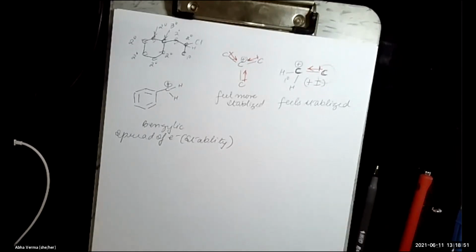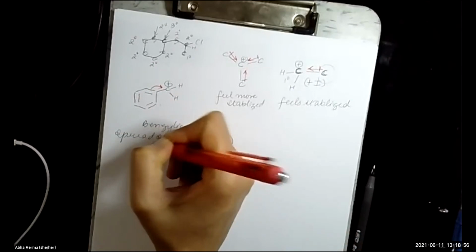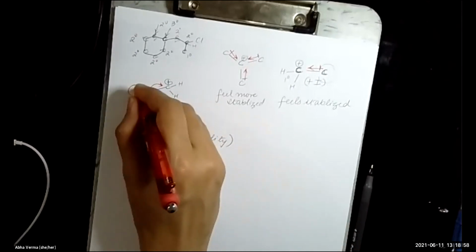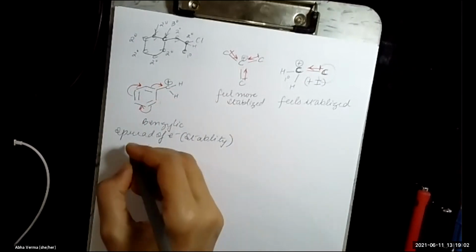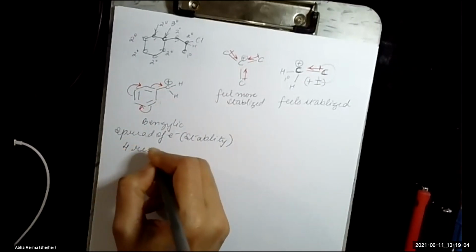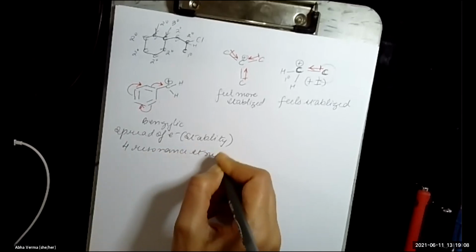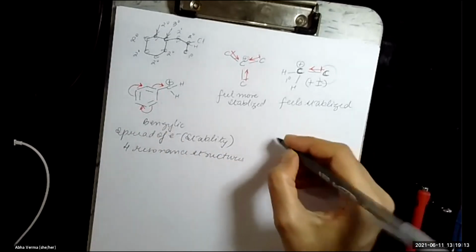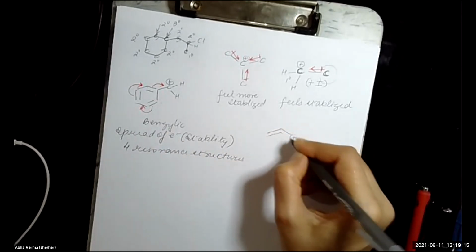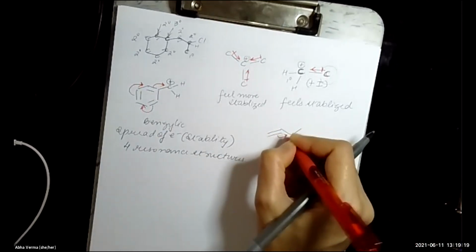So if we look at this particular structure, benzylic groups will be highly resonance stabilized. At least 4 resonance structures will be possible because of benzylic. How many will be possible because of allylic? At least 2.